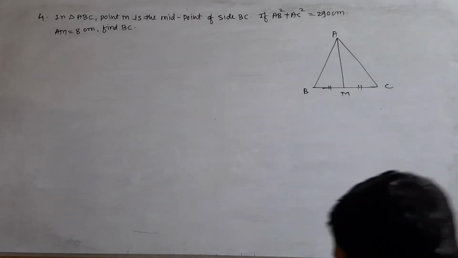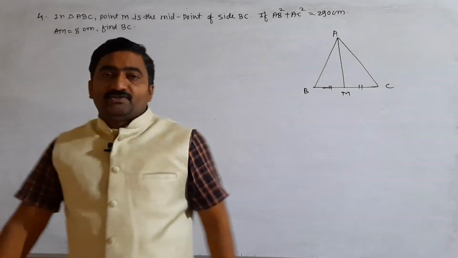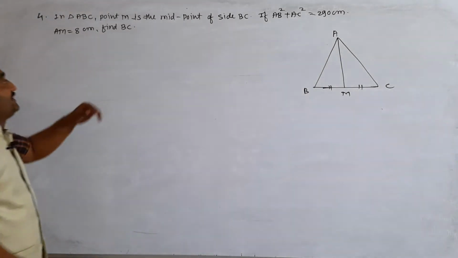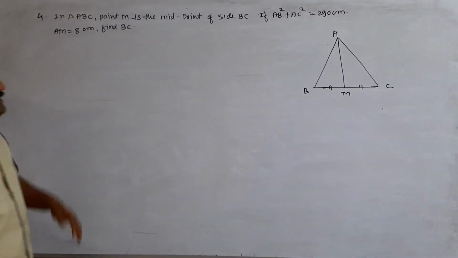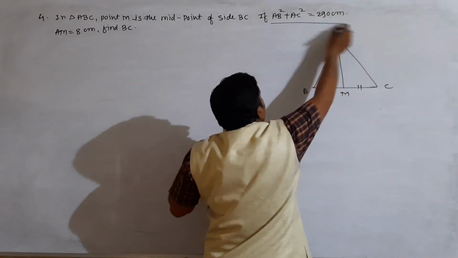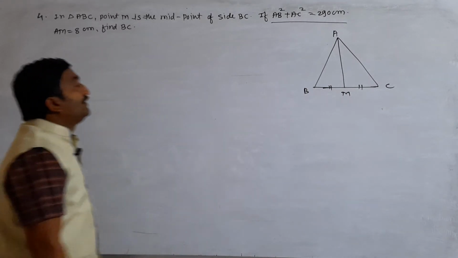The next problem we have to study here: in triangle ABC, point M is the midpoint of side BC. We are given AB square plus AC square is equal to 290 centimeter and AM is equal to 8 centimeter. Find BC. In this problem also we have to use Apollonius theorem.